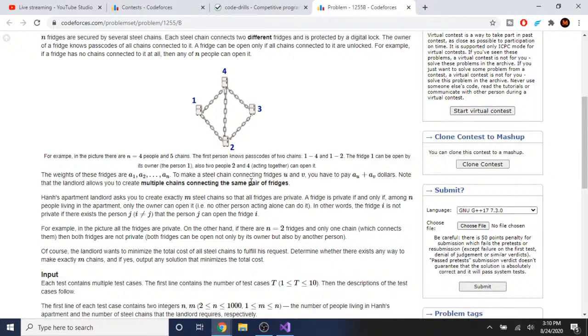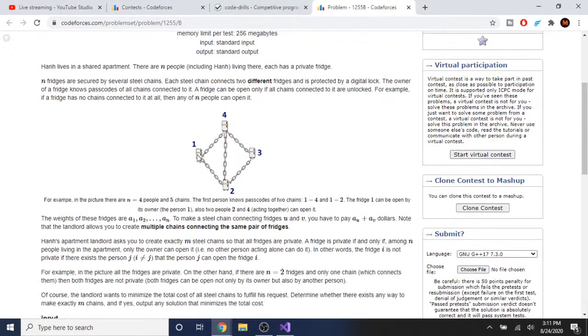So hold up, you want to create M chains so that all fridges are private. A fridge is private if among N people living in the apartment, only the owner can open it. How do I know if the owner can open it? Fridge I is not private if there exists a J that some other person can open it. So how do I know that someone can open it though?